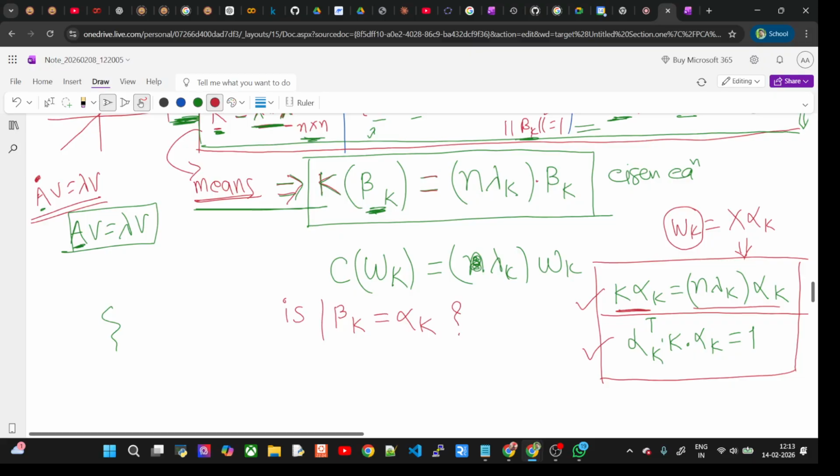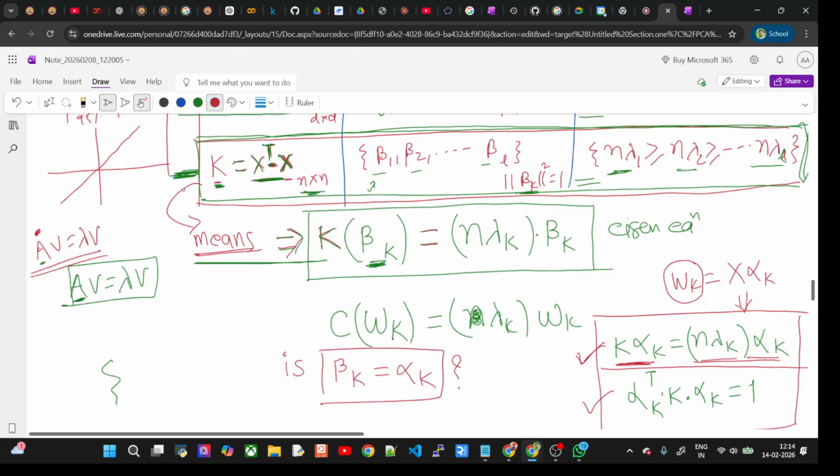We have this question, because this is the equation we need: alpha k has to satisfy this equation, and we got that from the calculation from this table, this eigen equation. So we need to think whether beta k is the same as alpha k, or different. From these equations at least, K beta k equals n lambda k beta k and K alpha k equals n lambda k alpha k, we say that maybe they are the same, because they look alike.